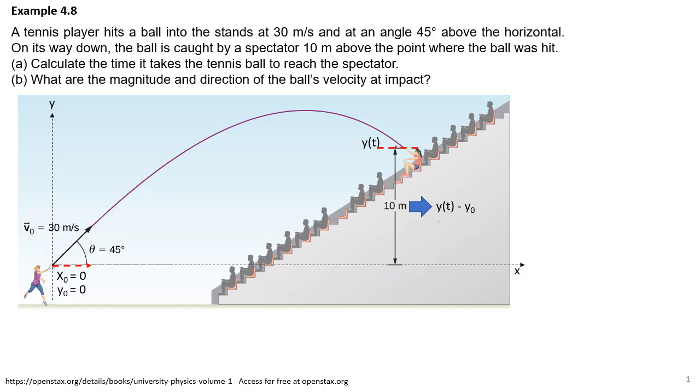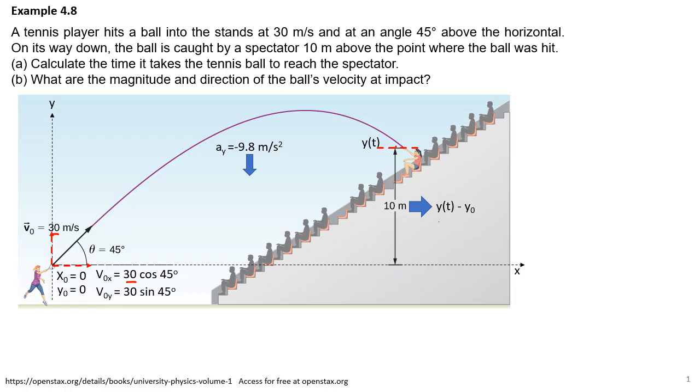So the x component, v0x, is 30 cosine 45 because the angle is 45 degrees. And the y component, v0y, is 30 sine 45. So we now know the initial velocities of the x and y components of the ball.